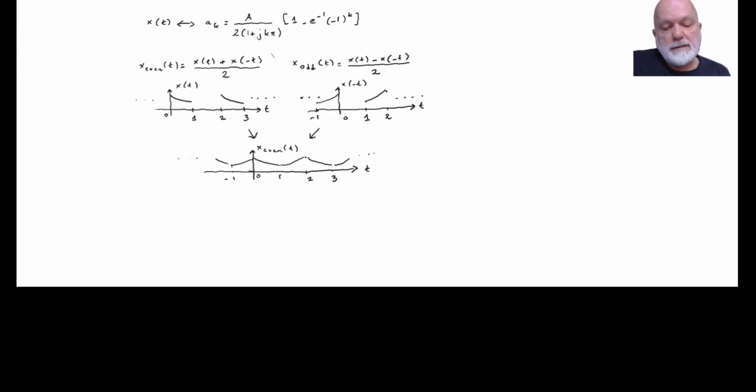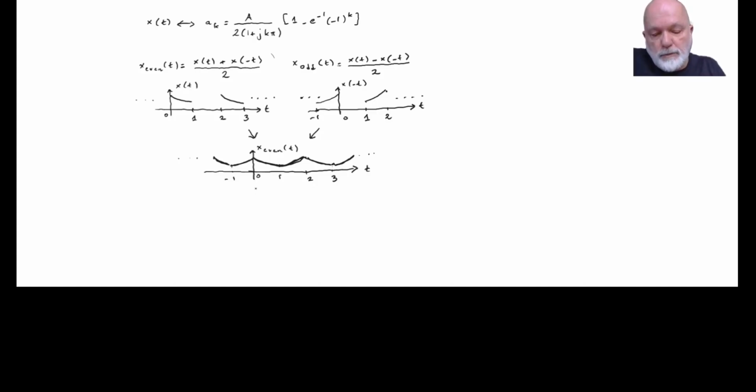For x of minus t, from minus 1 to 0, it is equal to a e to t, because t in x of t is replaced by minus t here. So we have this even part, with these exponential decays, and then again exponential behavior. Okay, we have such a signal.